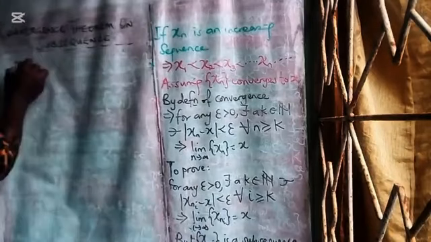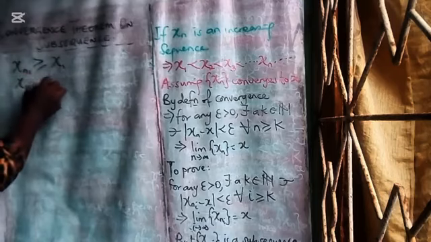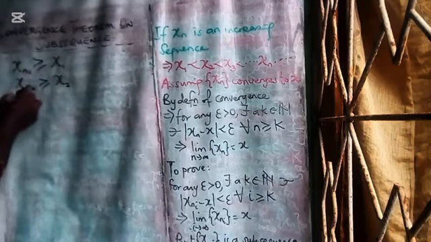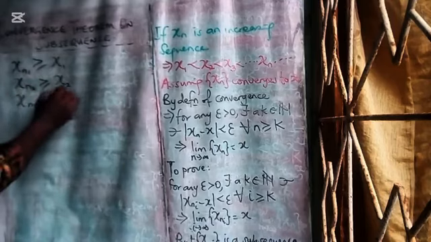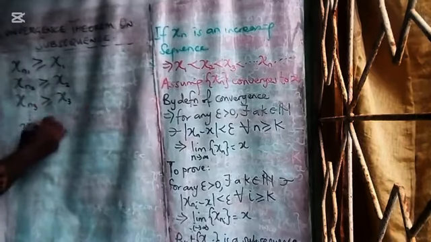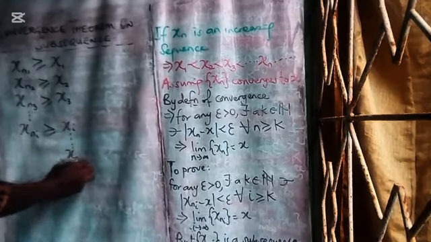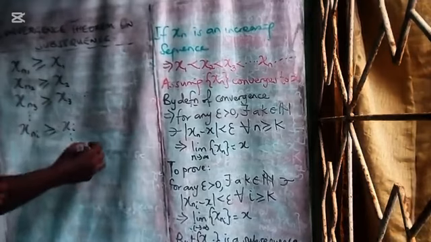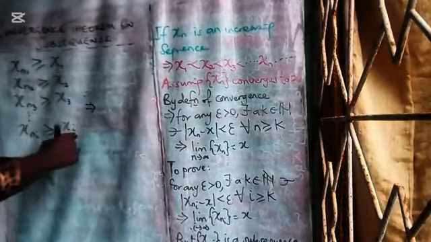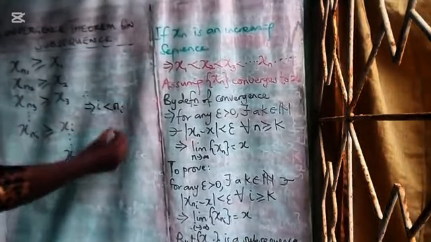Therefore, it implies that x of n1 is greater than or equal to x of 1, and x of n2 is greater than or equal to x of 2, x of n3 is greater than or equal to x of 3, and that moves down to x of ni, which is greater than or equal to x of i, and that moves to what? x of n. Therefore, we can imply that i is less than or equal to ni and ni is less than or equal to n.